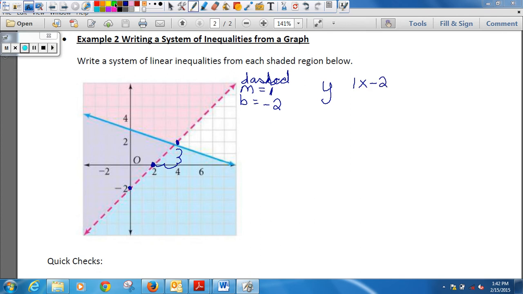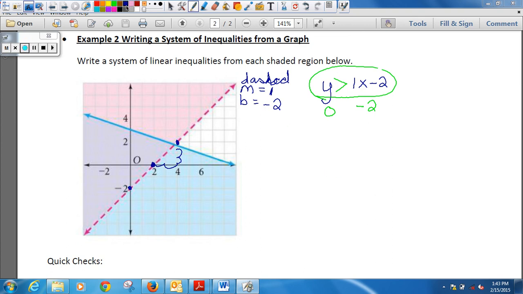And what I do, again, is I put 0, 0 in. 0 times 1 is 0, minus 2 is negative 2. 0 is greater than negative 2. So the sign that goes into my equation is greater than. Remember, it doesn't have an equal to part because it's a dashed line.